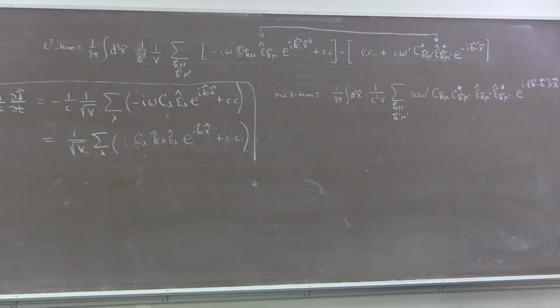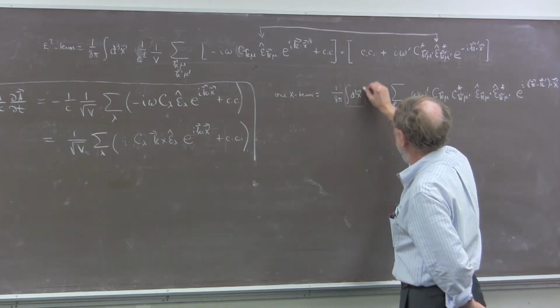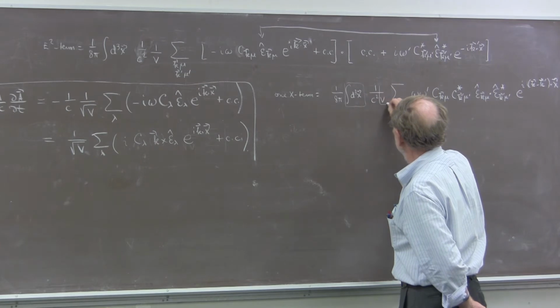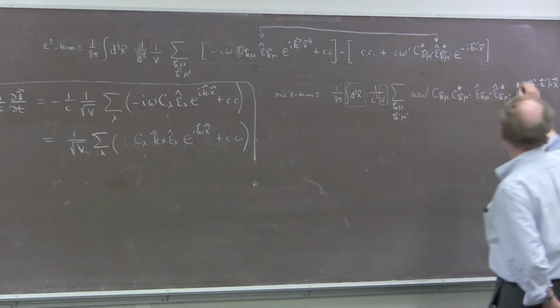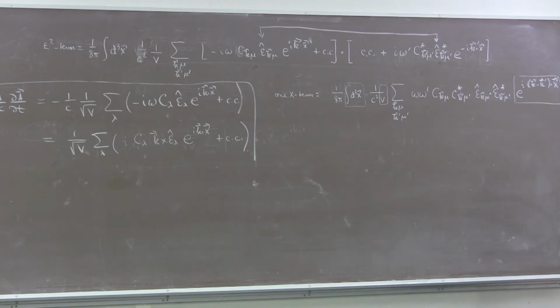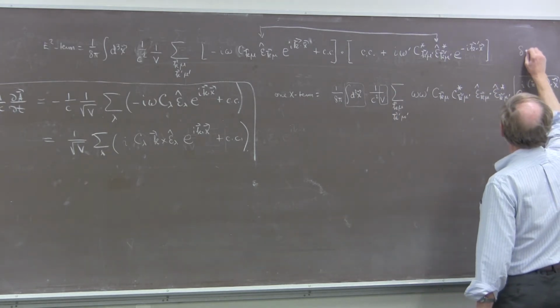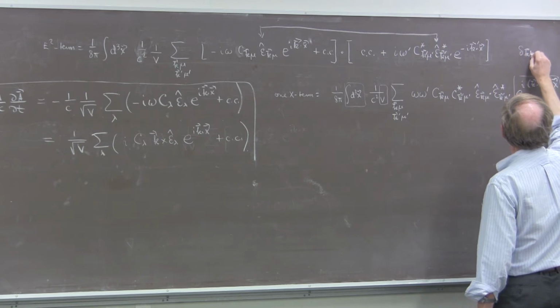Now, this can be boiled down quite a bit. The integral over the box, the 1 over the volume V, and the phase factor on the right, doing that integral gives us a Kronecker delta because of the orthonormality of the plane waves in the box. So those three factors combine to give a Kronecker delta in k and k prime.